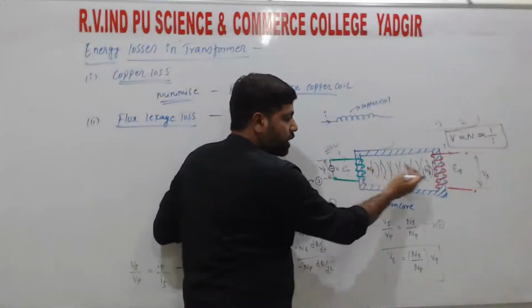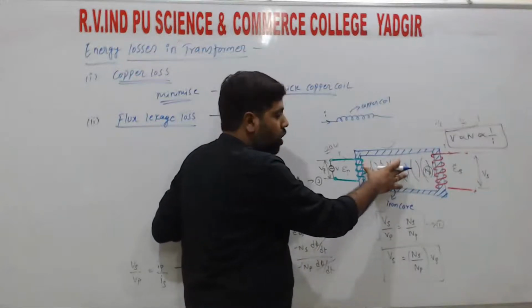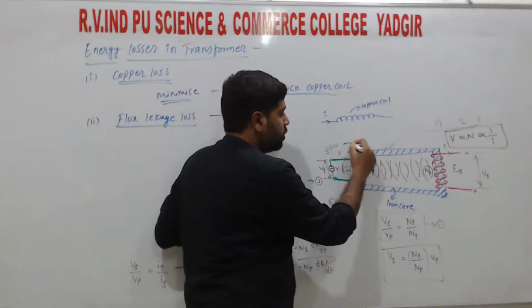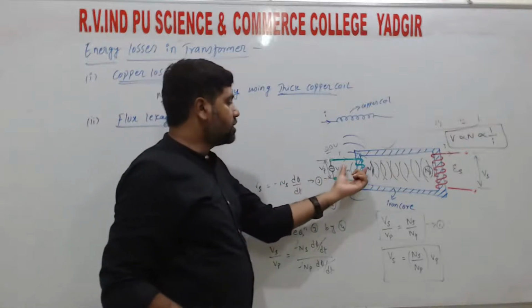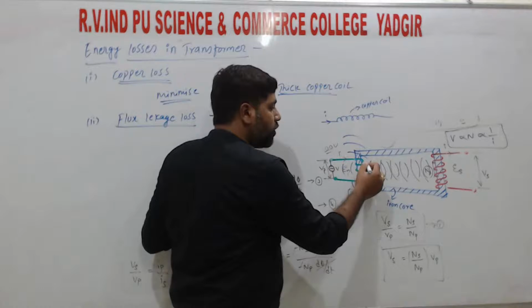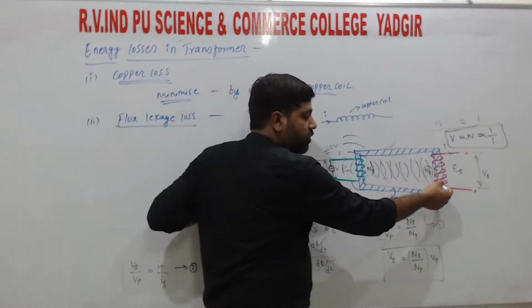For flux to go from the primary coil to the secondary coil, there is an air gap between the two coils. The flux will move in any direction, right? As these fluxes are moving in any direction, the flux generated in the primary coil will not all link with the secondary coil.